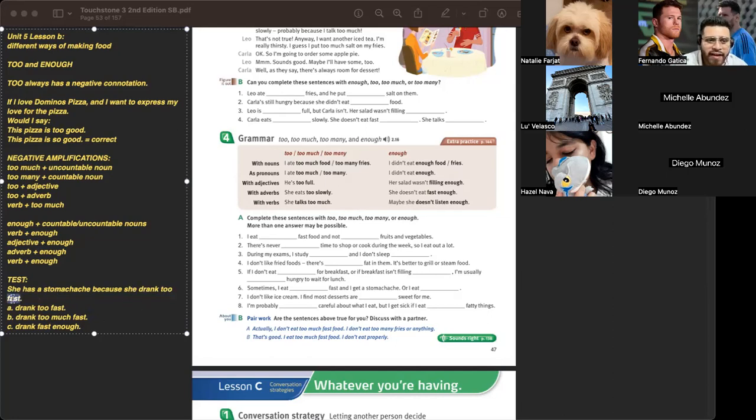Exactly. Class, fast is an adverb. And remember, too plus adverb is correct. Too much and an adverb is not correct. Too much is for nouns, for things, for people. And drank fast enough, grammatically, it's correct, but it doesn't make sense.